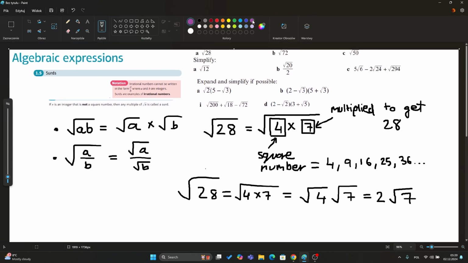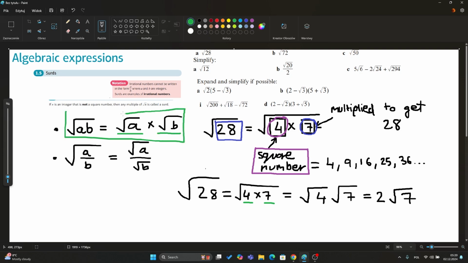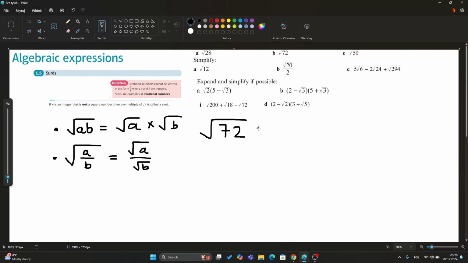So first I think of the highest square number I can use, then multiply it by the number to get 28. Then we split those products, and we find the square root of 4, which is 2, and the square root of 7, which is a surd, so the answer is 2 root 7.